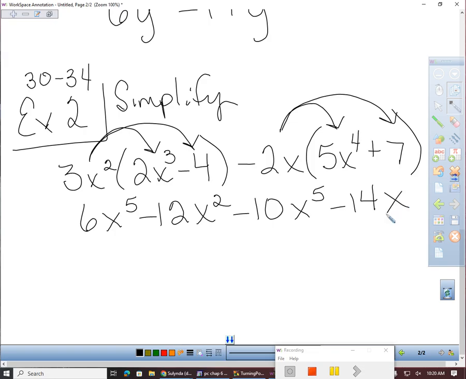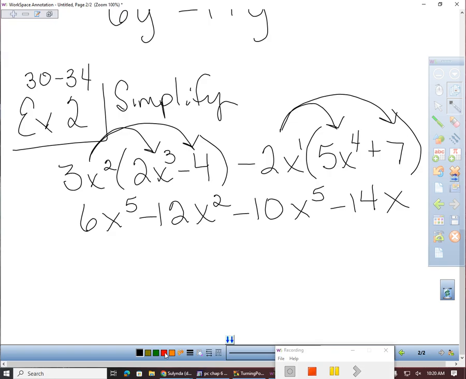So now we check to see if our exponents are in descending order. I go 5, 2, 5. Uh-oh. This is x to the first times x to the fourth is x to the fifth. So now what are we going to have to do? Can't just switcheroo. What do we need to do?